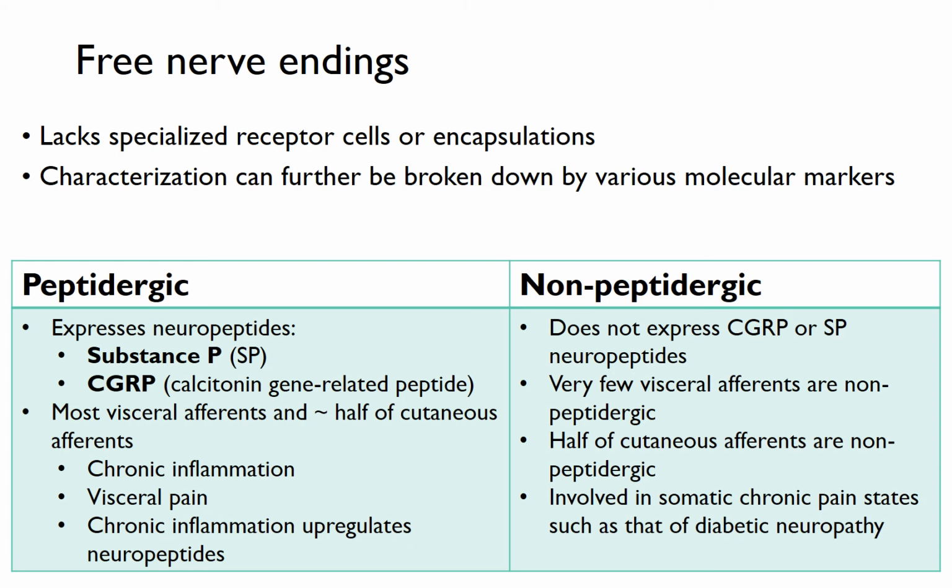Now, there are two very important neuropeptides to draw your attention to, and they are substance P and CGRP. You'll learn more about CGRP later on when you learn about calcitonin in endocrinology. Now, most of our visceral afferents, so most of the nociceptors that innervate the visceral organs, and about half of those that innervate the skin, are themselves peptidergic.